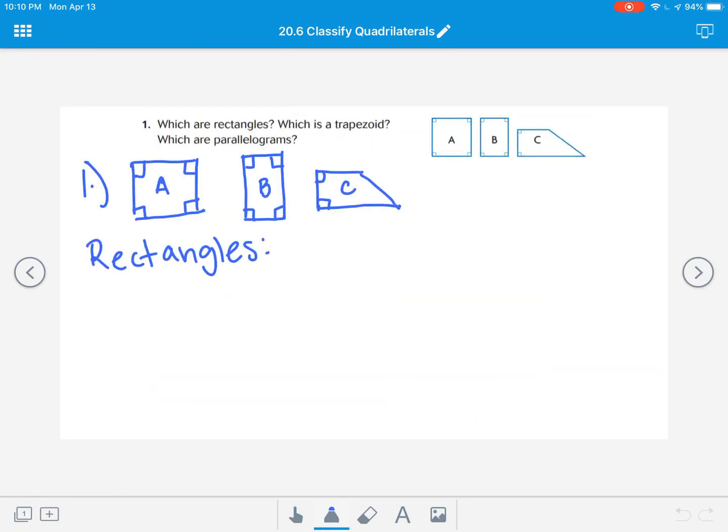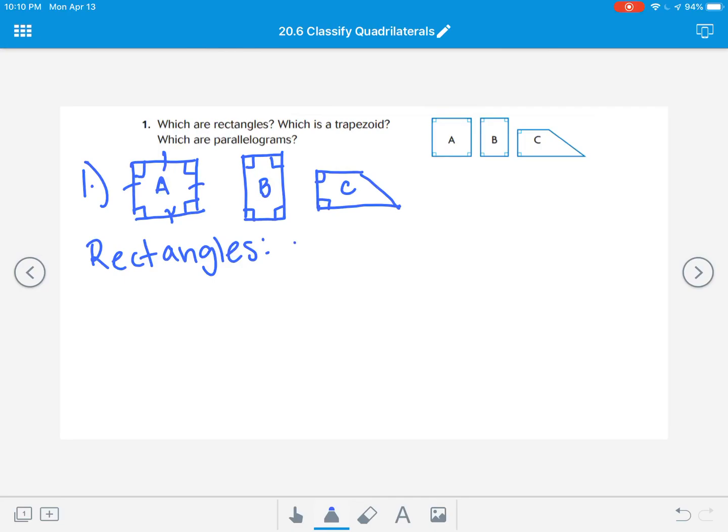So right off the bat, we know that C is not a rectangle because it only has 2 right angles on the inside, not 4. So we know C is not. Let's take a look at A. I see that A has all sides equal, so that does mean there's 2 sets of equal sides at least. I see that the sides are parallel to the opposite side, and there's 4 right angles.